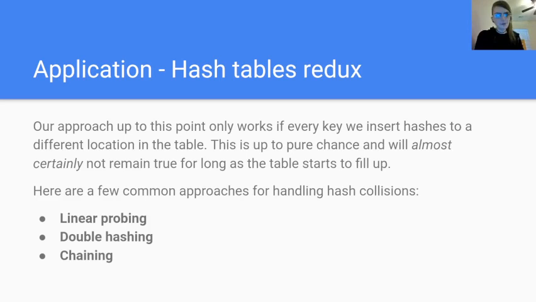Of course, up to this point, we've been pretending that every hash is going to map to a different place in our table, but that's not true. Especially as the table fills up, it's not going to be true. And there are many approaches for dealing with this problem. I'm going to cover 3 of them.